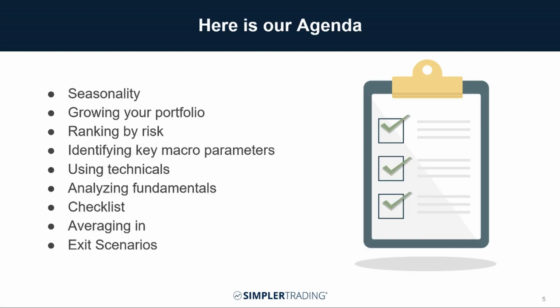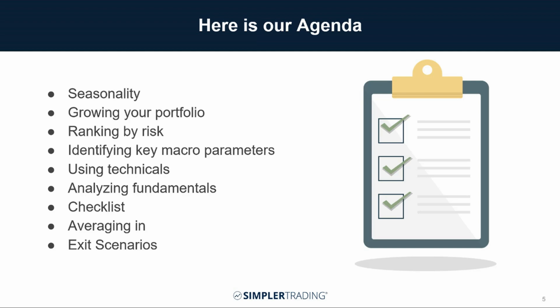So, here is our overall agenda. This is what we're going to be going over during the course of this class. Number one, we're going to be talking about seasonality, why it's important to buy at specific times and how to recognize those times before they come. We're going to be discussing how to grow your portfolio. Next, we are going to talk about how to rank selections by risk.